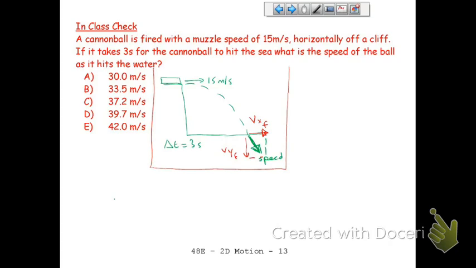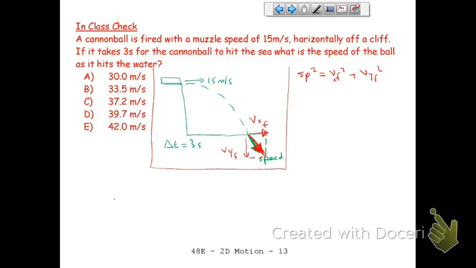So all I can say is my speed squared is equal to Vx final squared plus Vy final squared. Whose theorem did we just use?